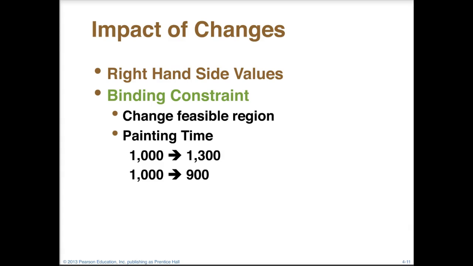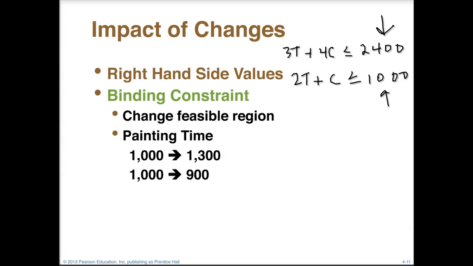Now what we're about to do is look at the right-hand side values for our constraints. To be clear, this was our carpentry constraint here, and we're trying to see what happens whenever we change this number. We'll look at it for the painting as well.